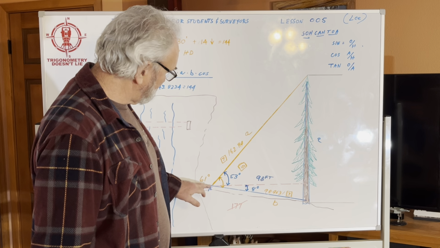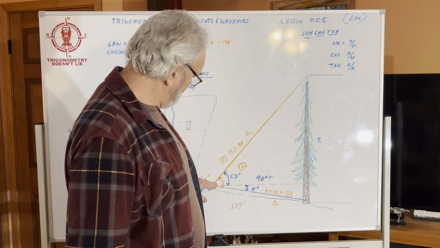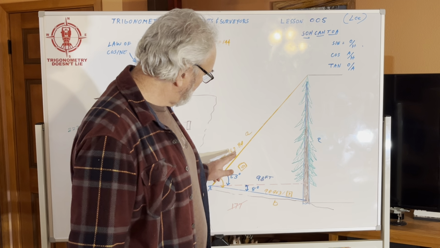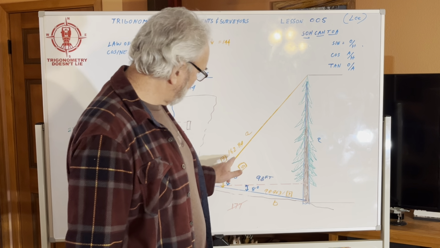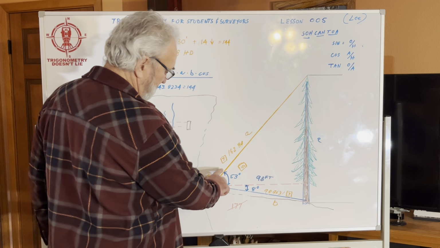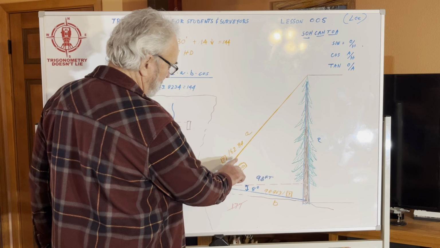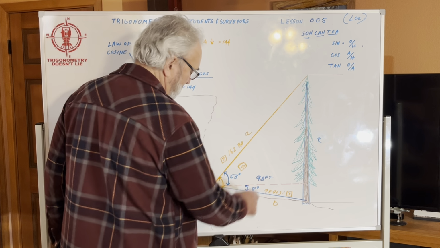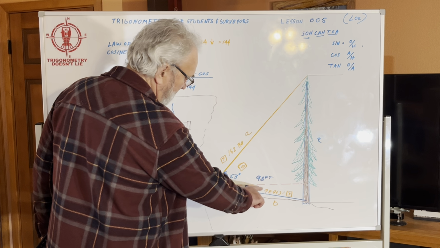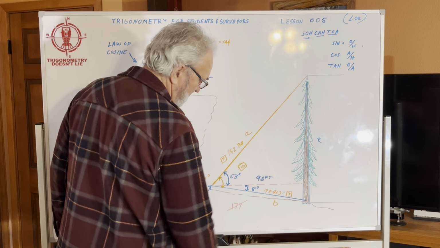I used 53 degrees and 98 feet, the cosine, inversed it, got 162.84 for the hypotenuse. Did the same thing with 8 degrees, the cosine, 98 feet, inversed it and got 98.9631.